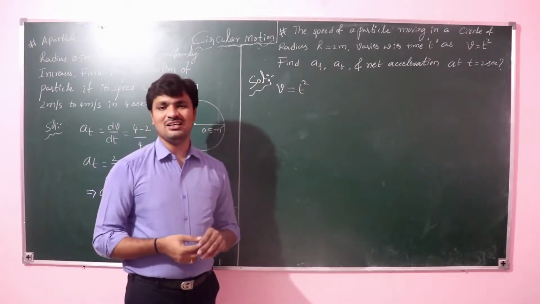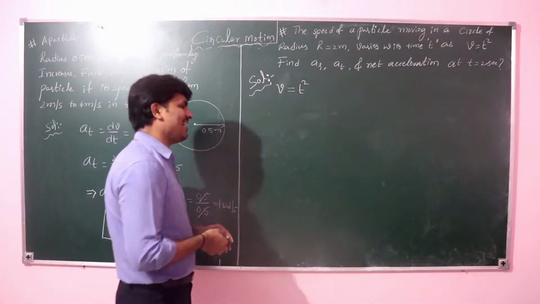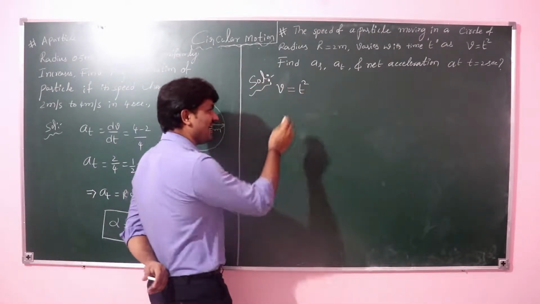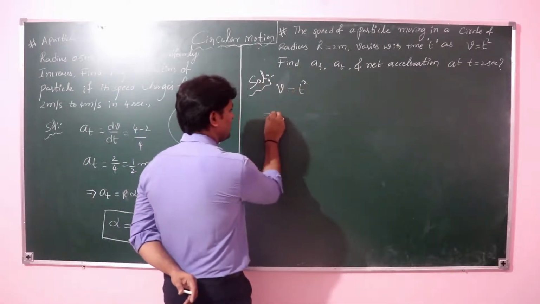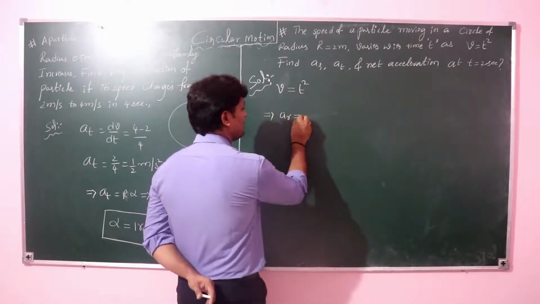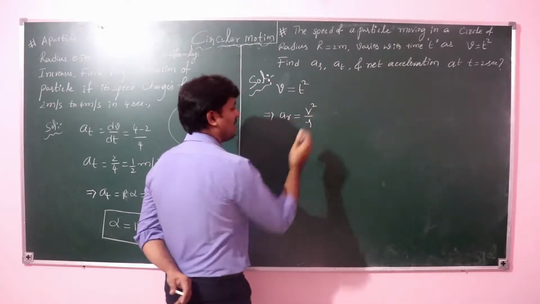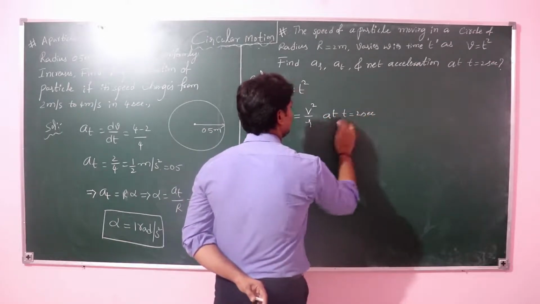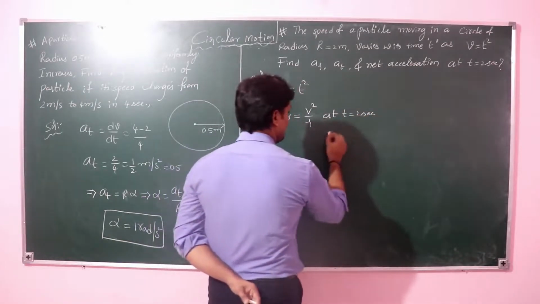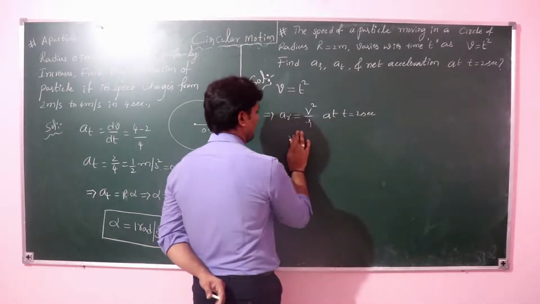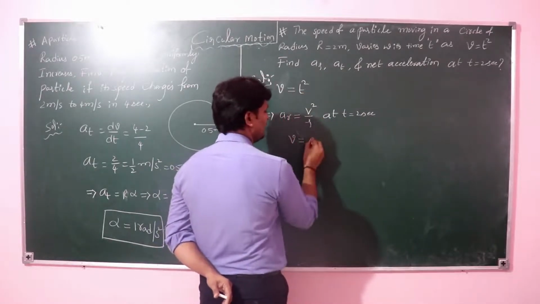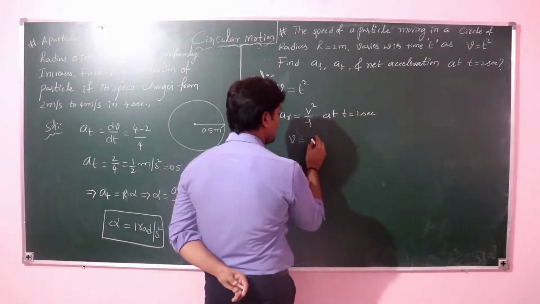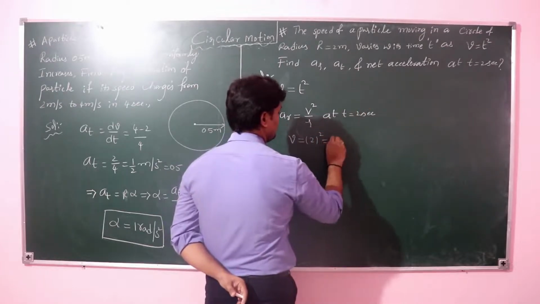First of all, we'll try to get AR. First, what is the velocity at 2 seconds? AR is nothing but v square upon r at 2 seconds. The velocity at 2 seconds: v is equal to t square, and t is 2 seconds, so that is 4.